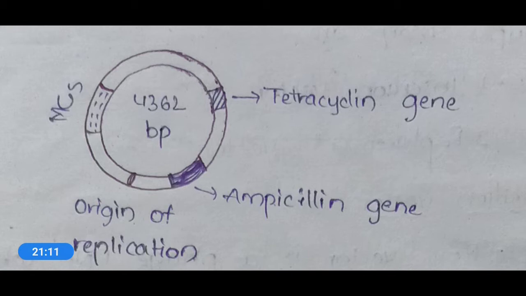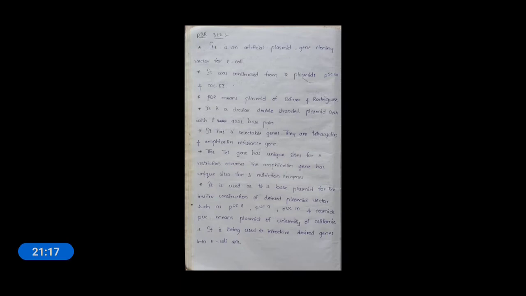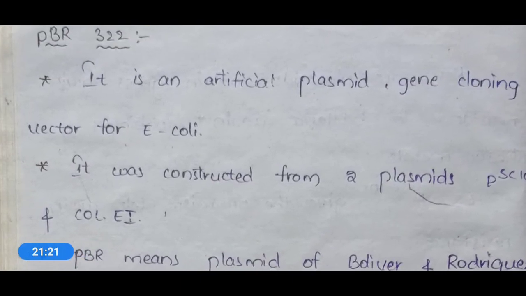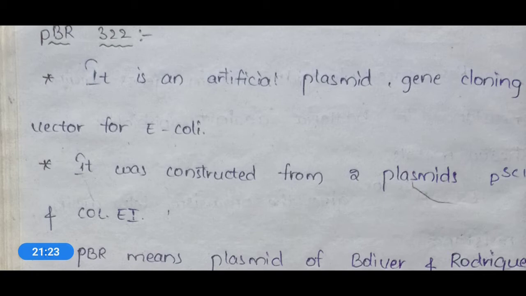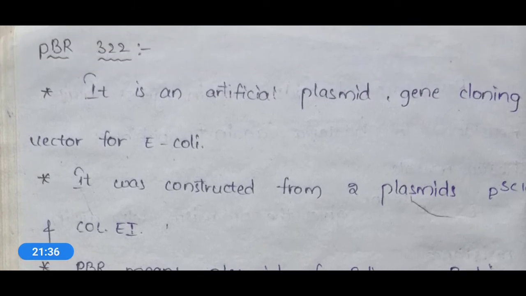This is about the plasmid pBR322. So this pBR322 is an artificial plasmid and a gene cloning vector for E. coli. This is specialized as a gene cloning vector for E. coli.